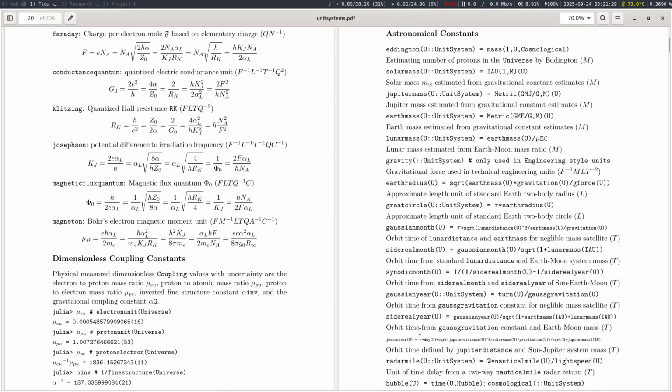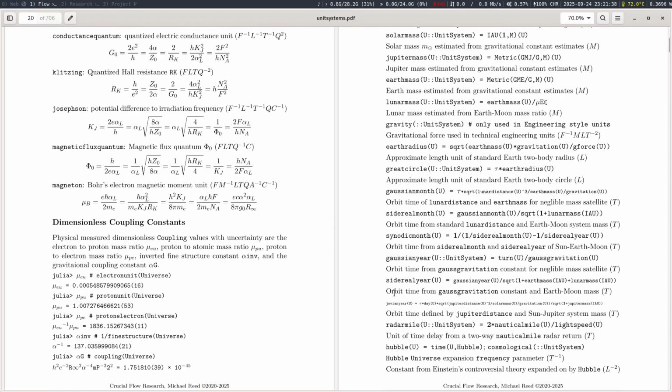So we have the Gaussian year, the orbit time from the Gauss gravitational constant for negligible mass satellite, and the orbit time from the Gauss gravitation constant and the Earth-Moon mass. And then we have the Jovian year, which is the orbit time defined by the Jupiter distance and the Sun-Jupiter system mass. And the radar mile, that's the unit of time delay for a two-way nautical mile radar return.